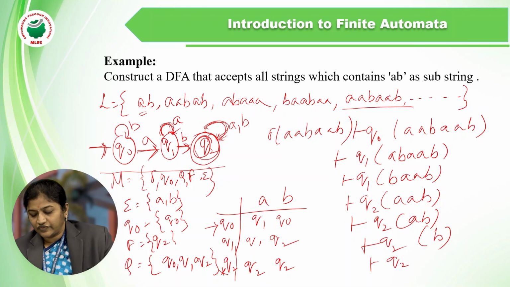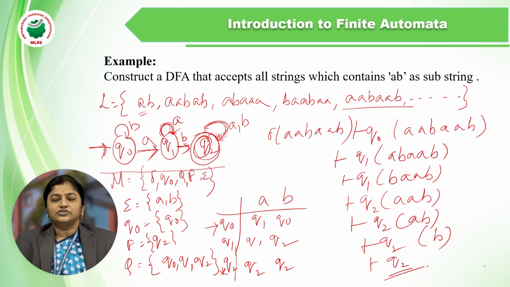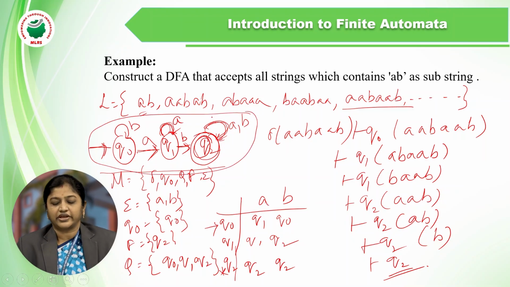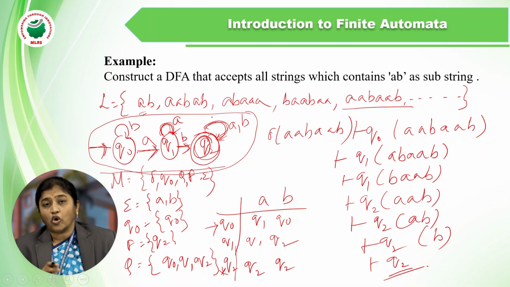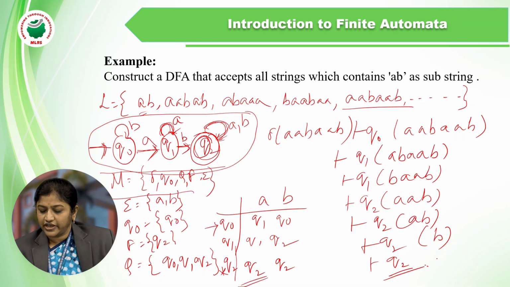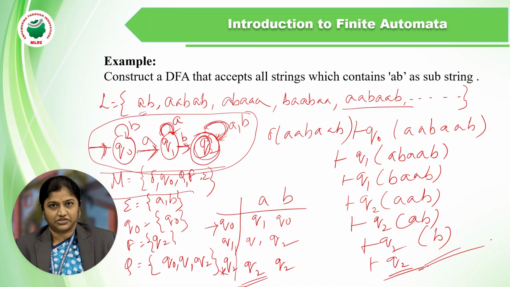So, have we reached the final state or not? So, this transition diagram should be such that it accepts all the strings, but in that string, AB should be a substring. Okay, understood? This is how we need to draw the transition diagram. Write all the 5 tuples, write the transition table, and check for the language acceptance.